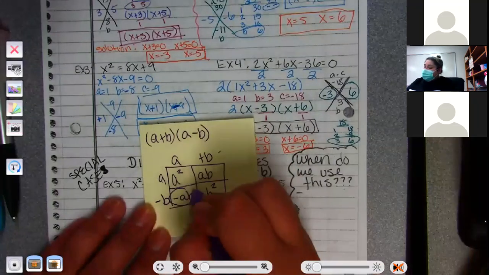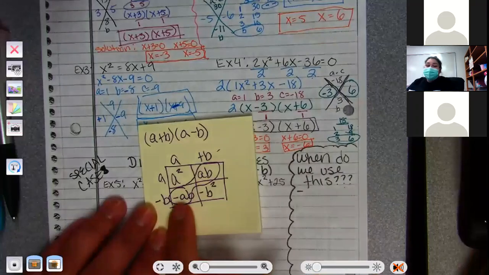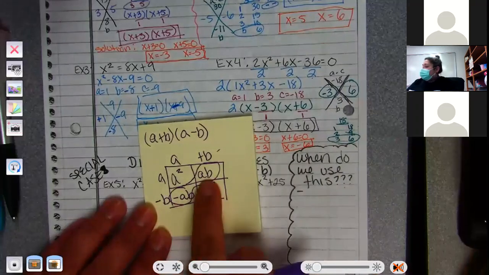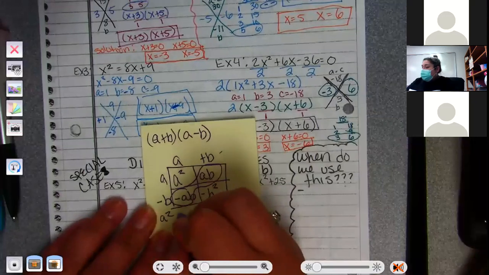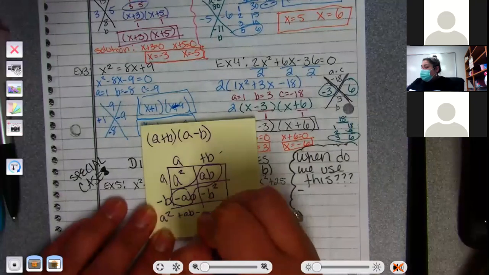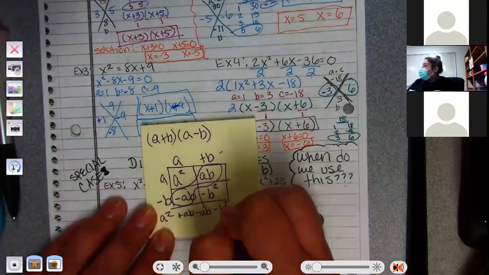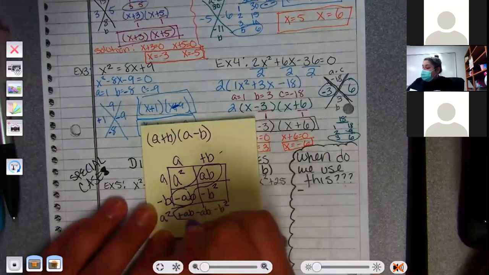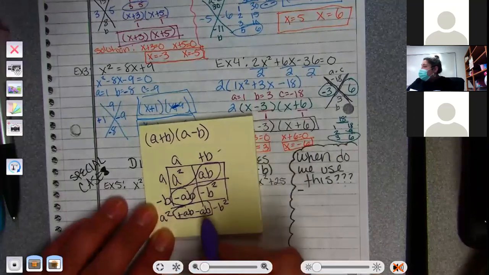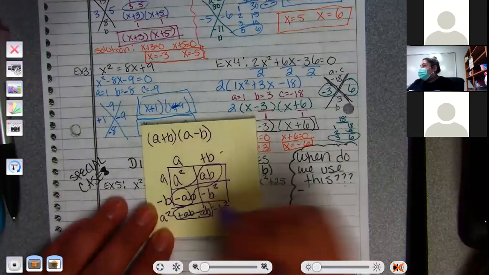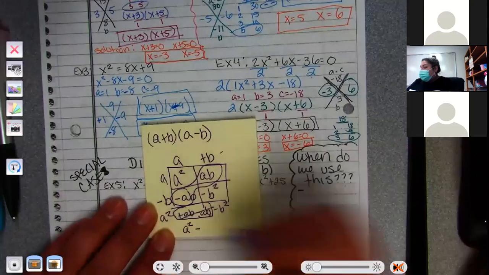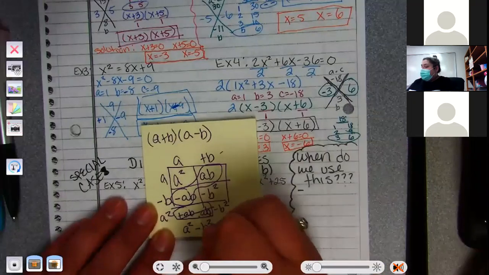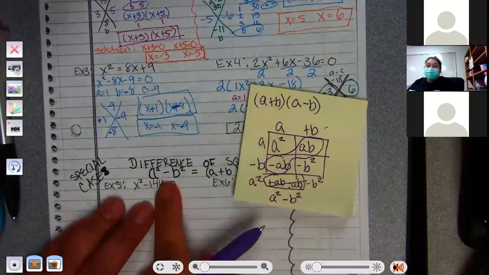So what do we do? We combine like terms. So if you have a negative AB and a positive AB, so this is what we have. Plus AB minus B squared, right? These are like terms because they're both AB. If you have a positive and a negative, they just cancel each other out, right? So you end up with A squared minus B squared, which is where that comes from.